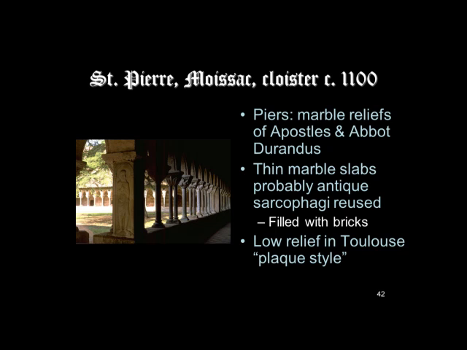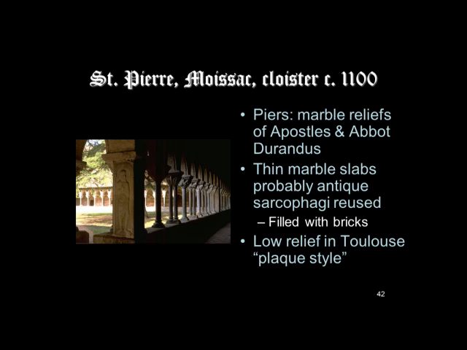And then there are columns. And on those wider piers, and they're only about 21 inches wide, so they're not terribly huge, but they're wider than columns, are marble reliefs of 9 of the apostles and of the abbot Durandus, or Durand.